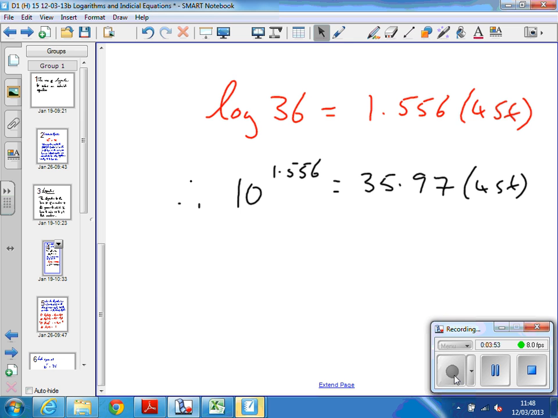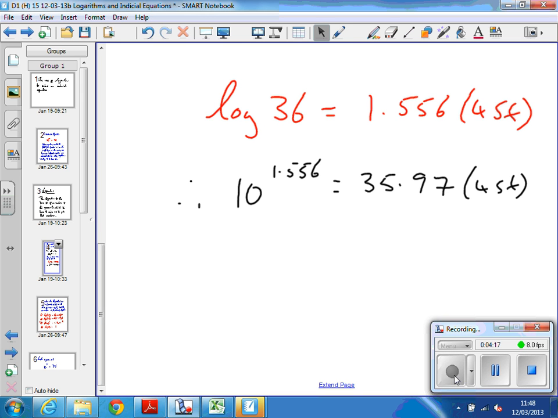You see we get 35.97 to 4 significant figures, so close to 36. And the more significant figures we add, the closer we will get to our answer. So there is a rounding issue associated with this. Generally, when you use logarithms, you have to round the numbers, and 4 significant figures is not an unreasonable number.